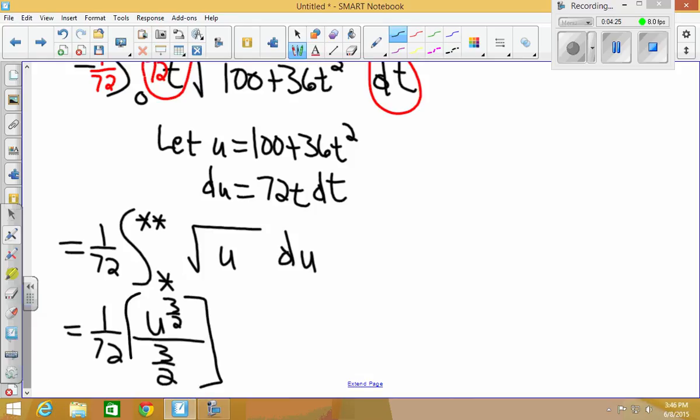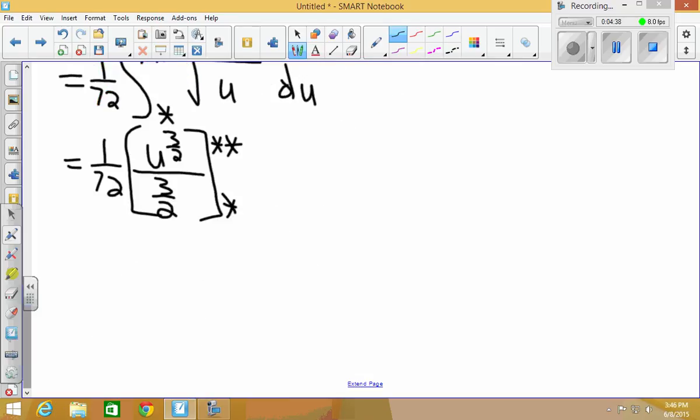And we evaluate that over the limits of integration. Now we can go back and back substitute. u is equal to 100 plus 36t squared. So 1 over 72. Dividing by 3/2, note, is the same as multiplying by 2/3.